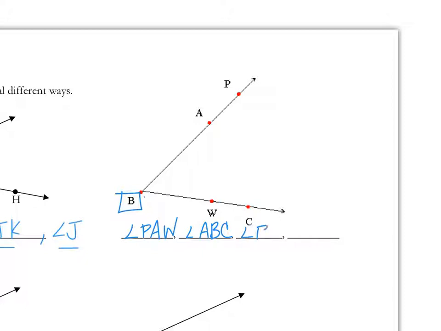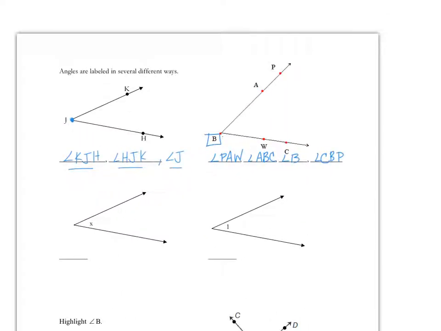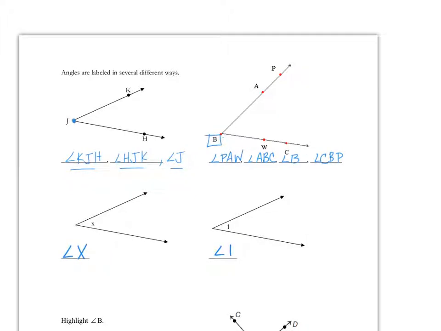I could say angle B because it's all by itself. CBP. So those are just a few different ways of naming angles. You just take one point on each ray and the vertex. If there is a letter or a number in the angle, you can say angle X or angle 1. So we can name it that way if there is a number or letter in the angle.